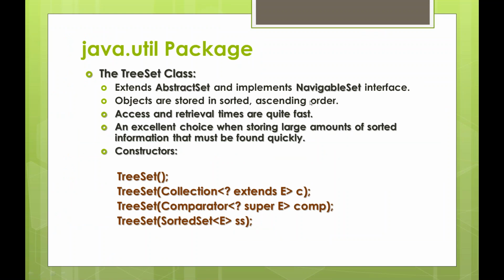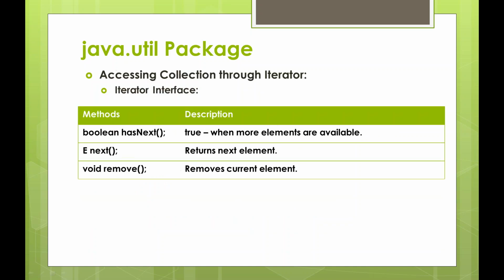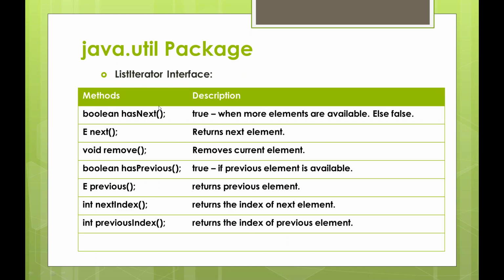It again extends abstract set and implements navigable set. Try to go through this navigable set interface, and let me know if you have any questions. As we discussed, the iterator interface has 3 methods: next, remove, and you have list iterator: has next, next, remove, has previous, previous, next index, previous index.